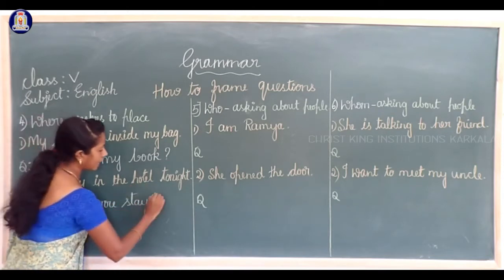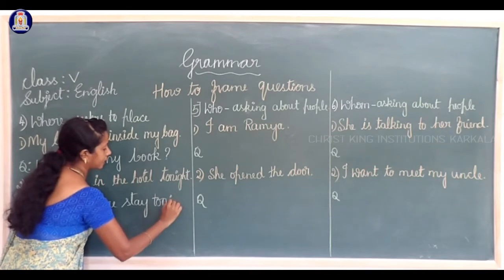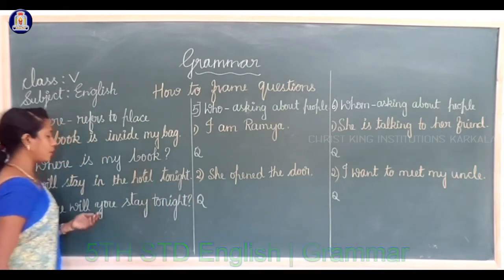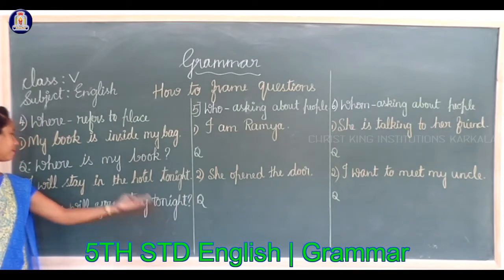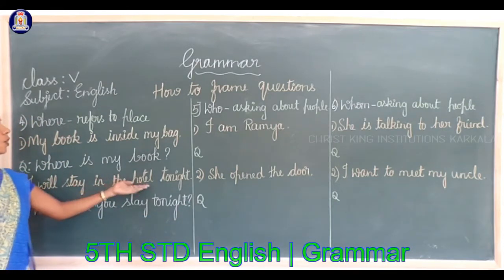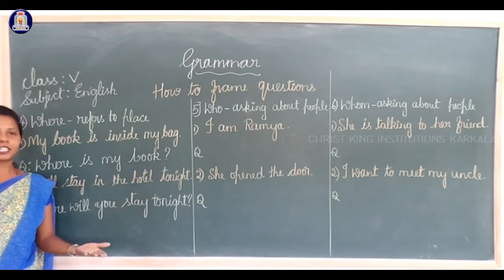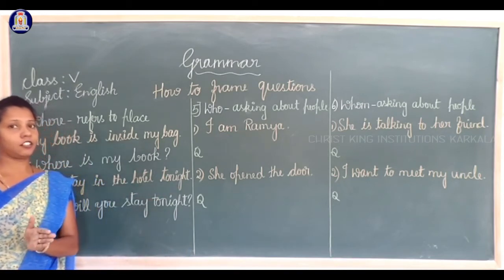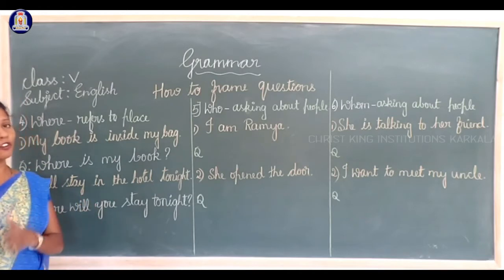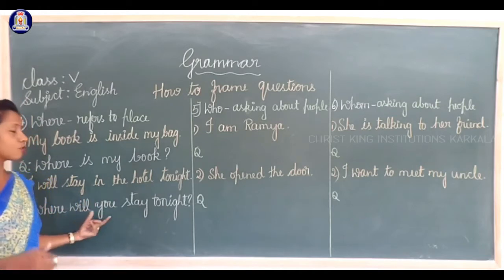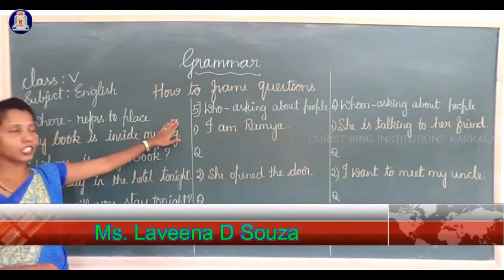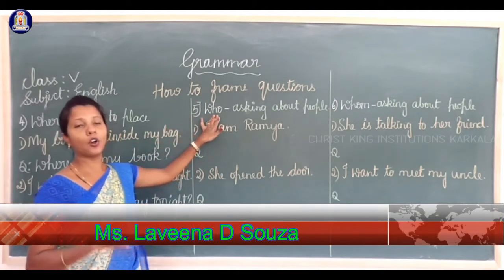Where will you stay tonight? Question mark. So, where will you stay tonight? I will stay in the hotel tonight. So it's very simple, but you have to focus on how to form the question, and you also should know which is the answer.